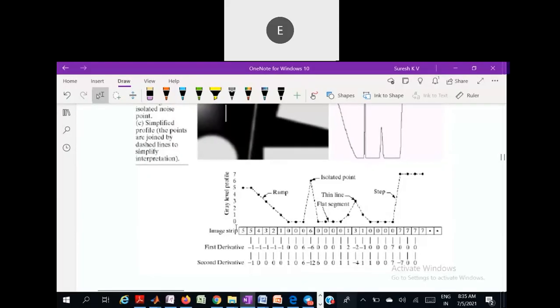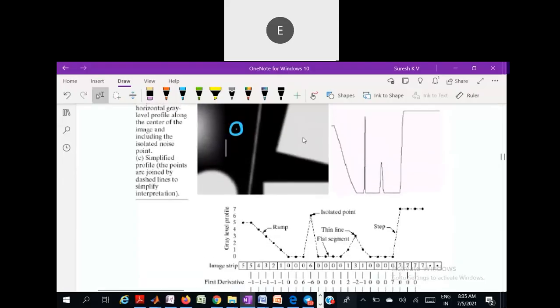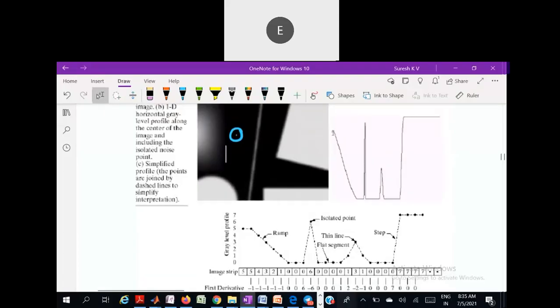So an example is taken here. These values are examples. So let us assume that this value, okay, is 5. So that's what you see, it is 5, and it is gradually decreasing. So it is decreasing to 4, coming to 3, 2, 1 and 0.